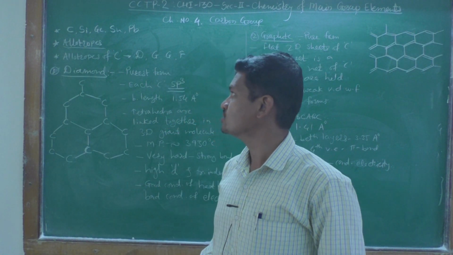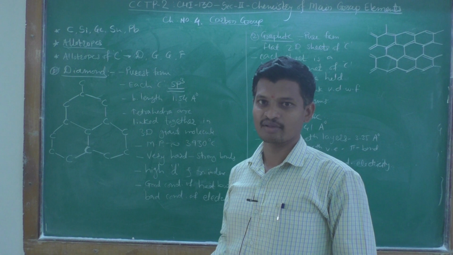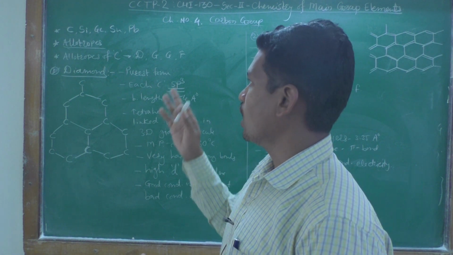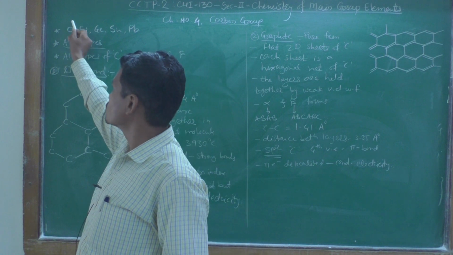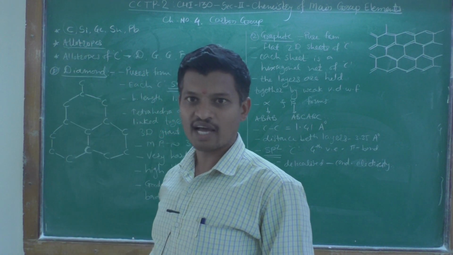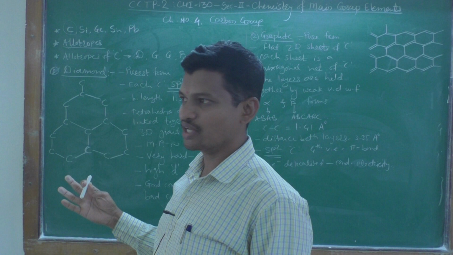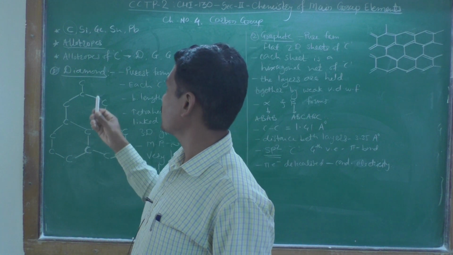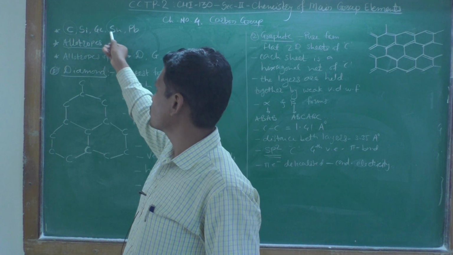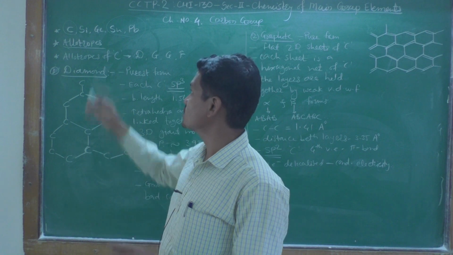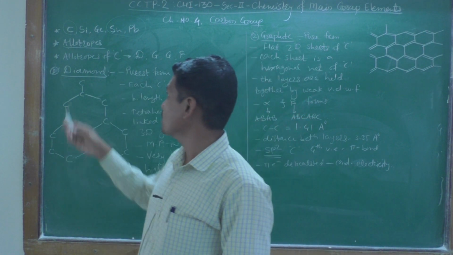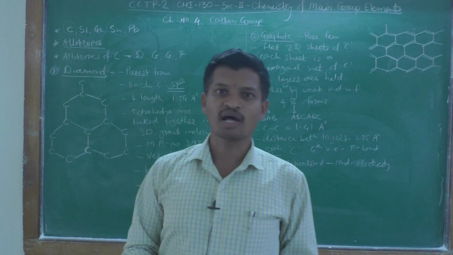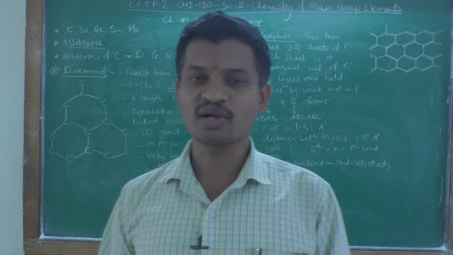Out of these 5 elements, the first element, carbon, is totally non-metallic in nature. The last 2 members of this group, tin and lead, are metallic in nature, while silicon and germanium are known as metalloids.